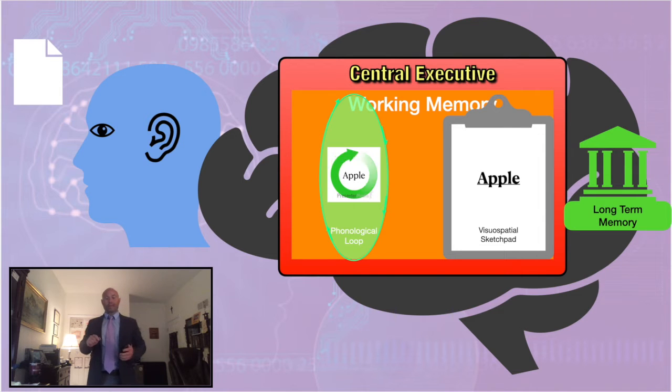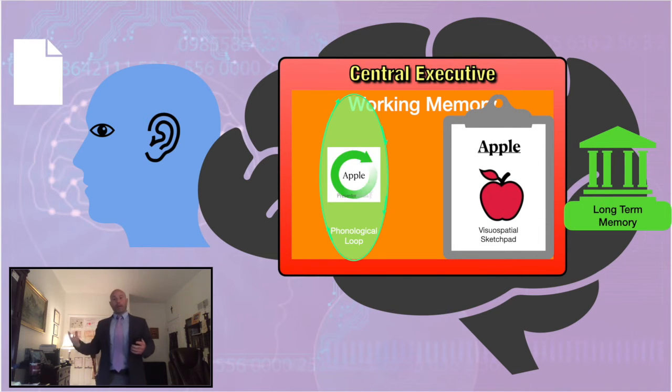On top of that, our brain is also making connections, bringing up information. In this case, we're bringing up a picture of the apple. So not only is the word being processed in the phonological loop, the picture is being processed along with the word. And so you see it fills up a little more of our working memory.